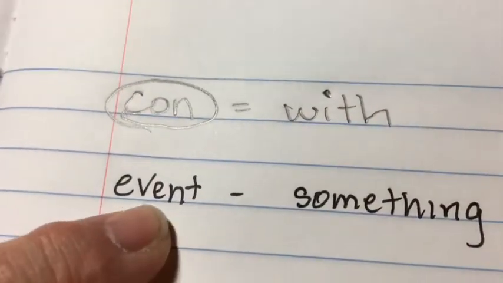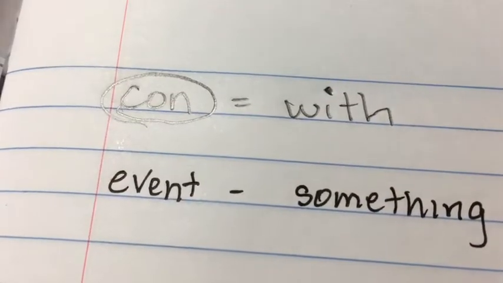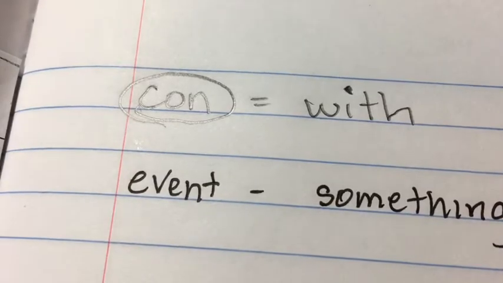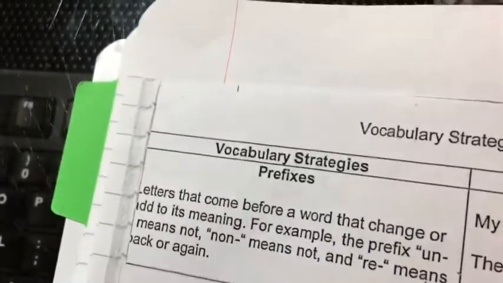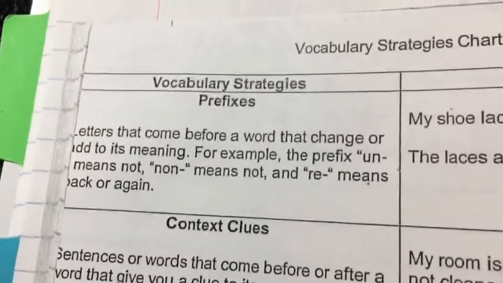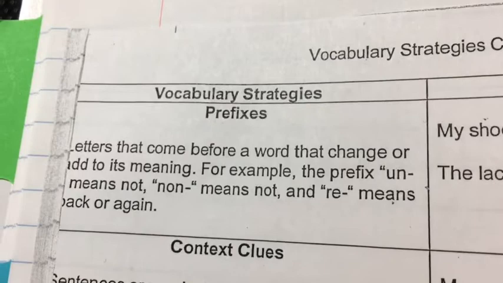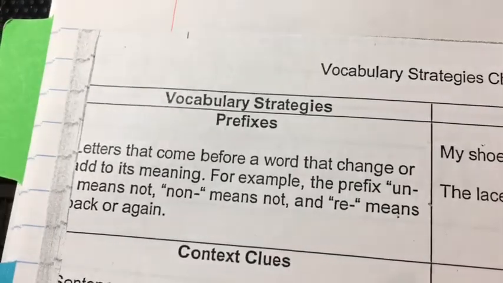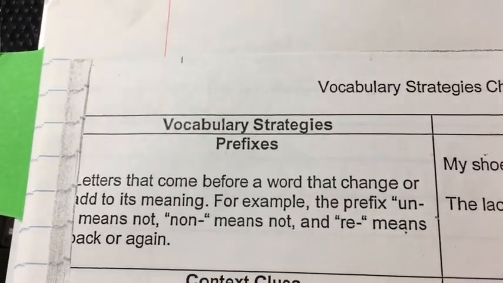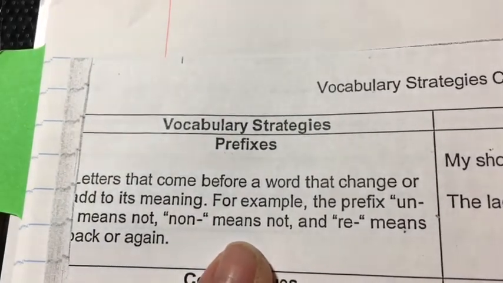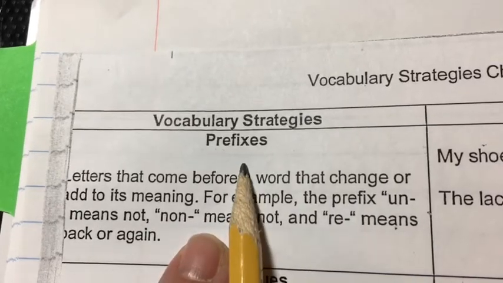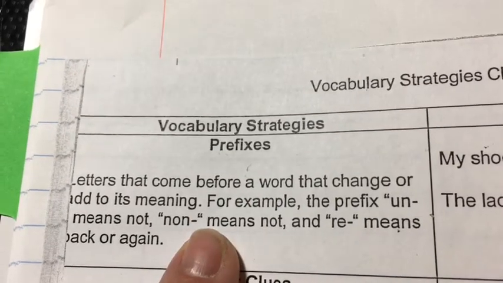Now the word event, you don't need to worry about that right now. In fact, I think I'll go ahead and white it out here in a second. But what I want to point out to you is that with your story or with the text that the author is using, when he introduces a word that you might not know, you can break that word down into prefixes and base words.